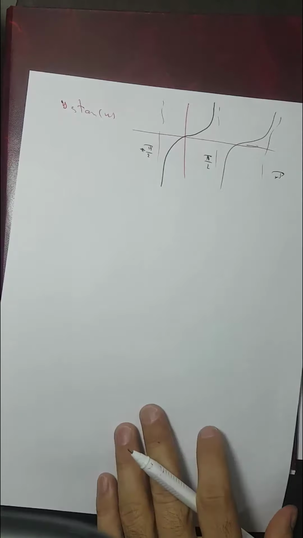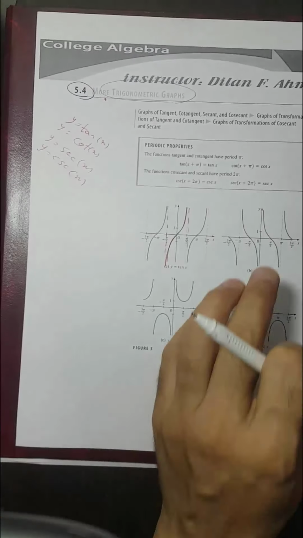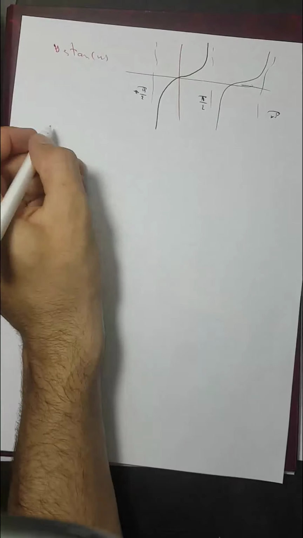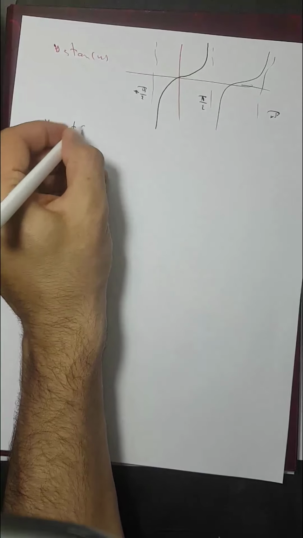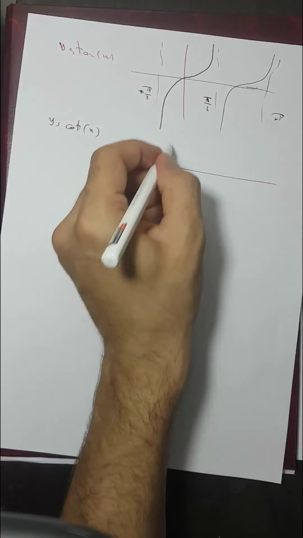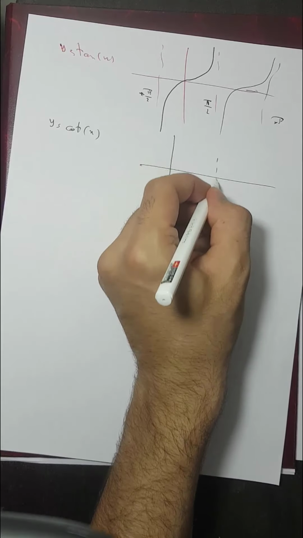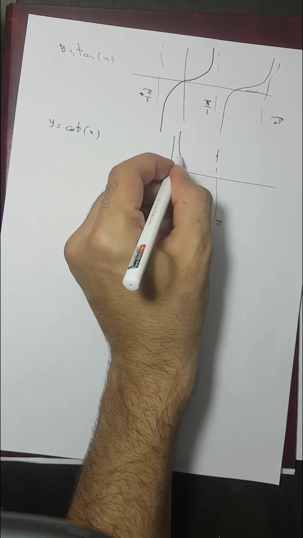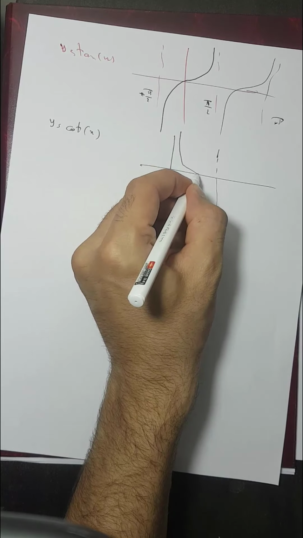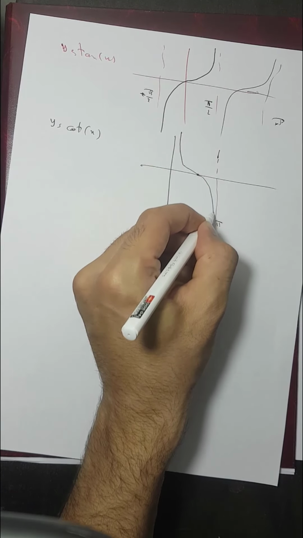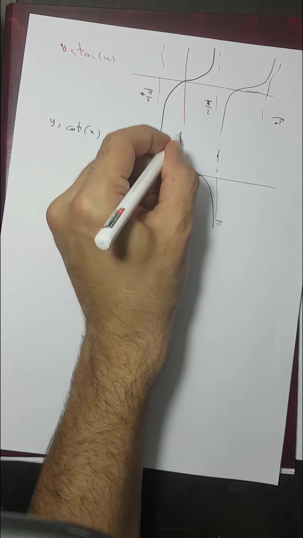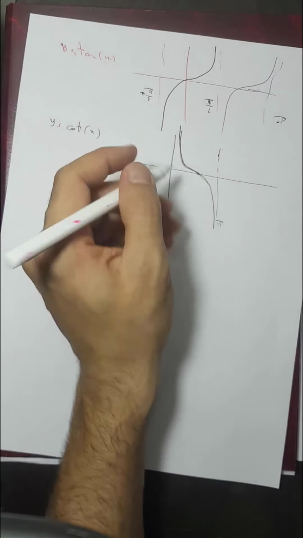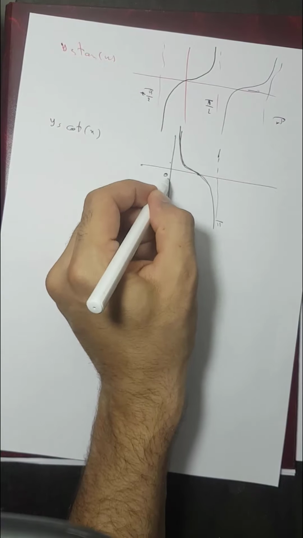Pi and it goes on. How about the next, for cotan, y equals cotan of x, my graph is like that. Here's pi, also like minus x to the power 3, or like a reverse of tan in this case, but this is between 0 and pi.